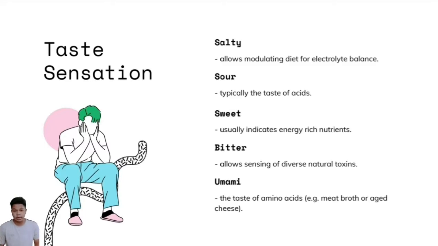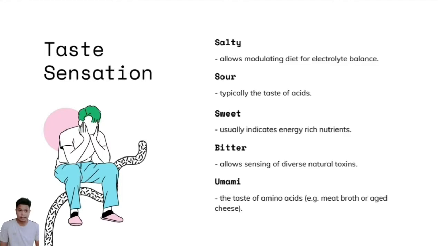The hydrogen ion concentration increases because of ingesting acidic compounds, which increases the depolarization of specific taste cells. And the other three tastes, which are sweet, bitter, and umami, are transduced through G protein-coupled cell surface receptors instead of the direct diffusion of ions, like we discussed with salty and sour.